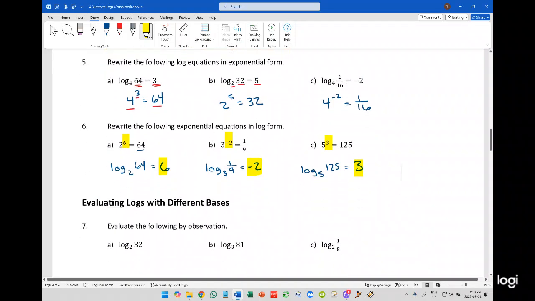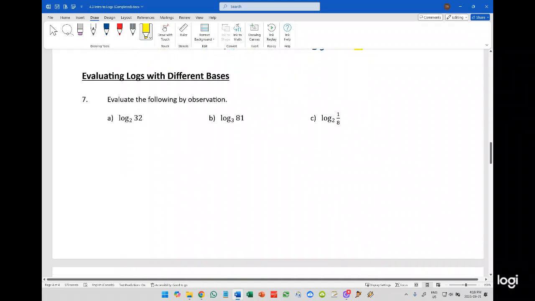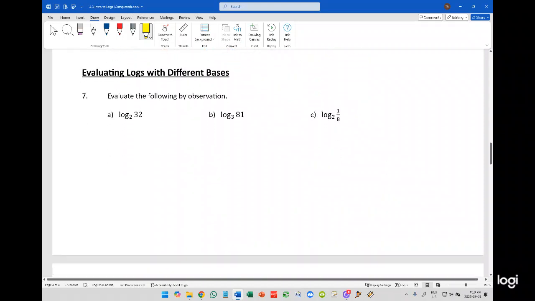In order to evaluate logs of different bases, it's actually easier than you might think. So again, there's no button on your calculator for log base 2, log base 3, or whatever, but here's how we do it. Let's do these ones by observation.